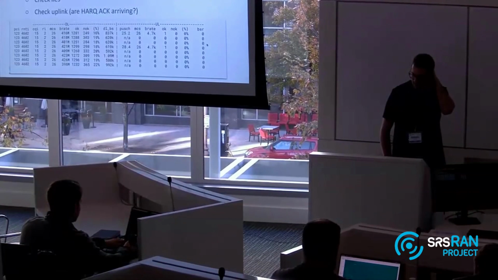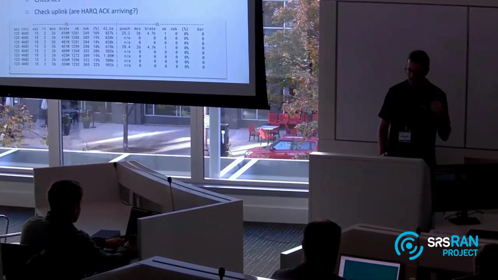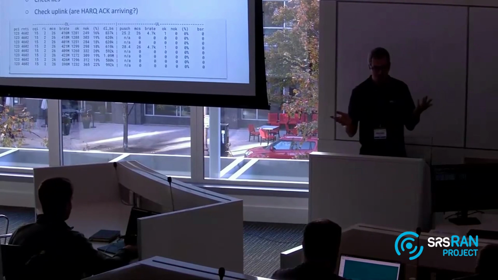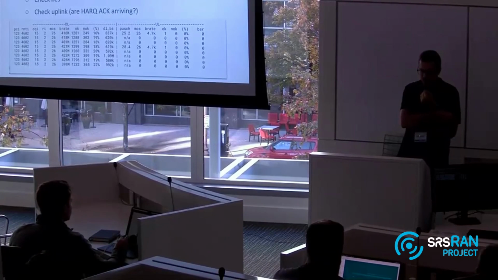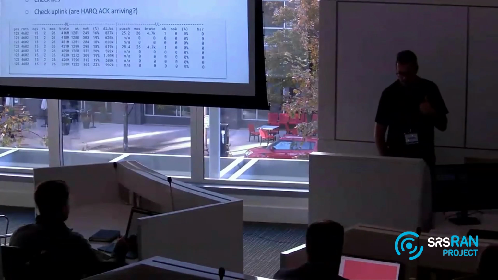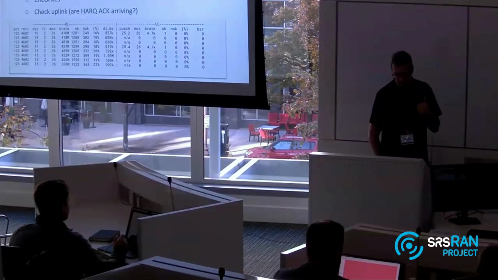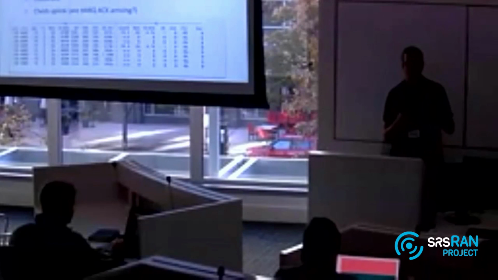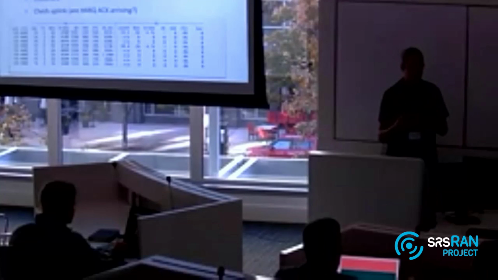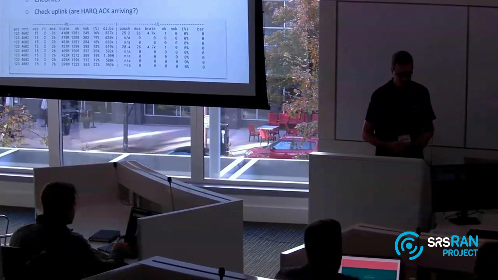Say that the UE attaches and you can do ping, but throughput is very low. What I would do here is first check the DL BS to make sure that if we are pushing iperf, this iperf is going to the stack, that you got the IP correct, and that all the routing in the system is correct.